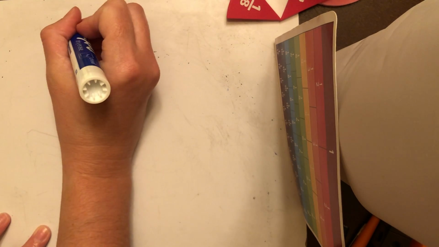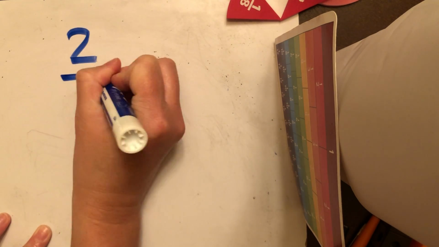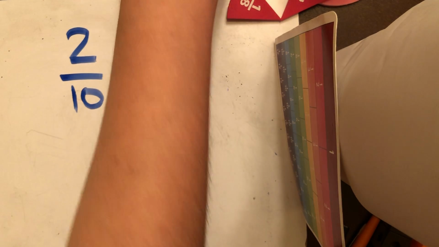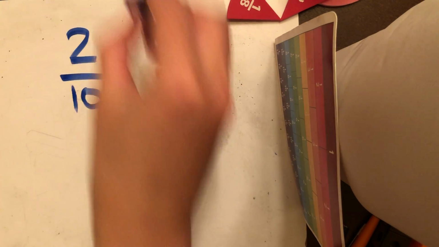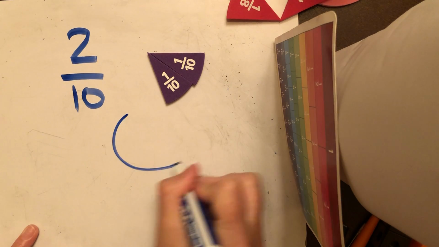So if we had 2/10, how would you show that as a, well actually, before we do that, how would you show that in the concrete? Well, you could pick up 2/10. How would you show this as a representation?